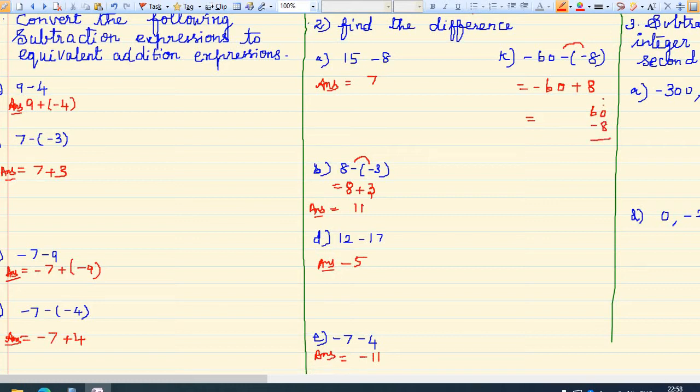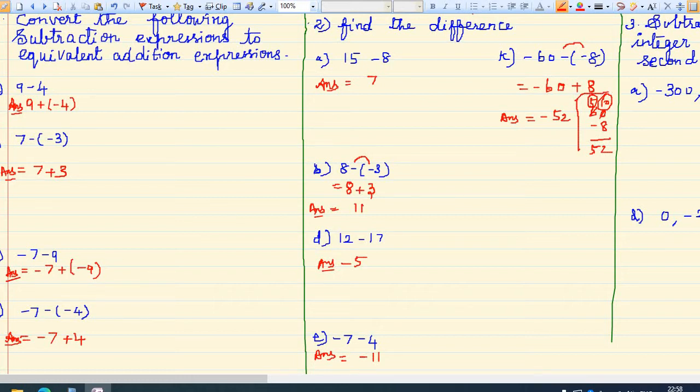So now this becomes 10 and this becomes 5. So 10 minus 8 is 2 and this is 52. So my answer is minus 52, because the negative integer is having more. So for that minus 52.